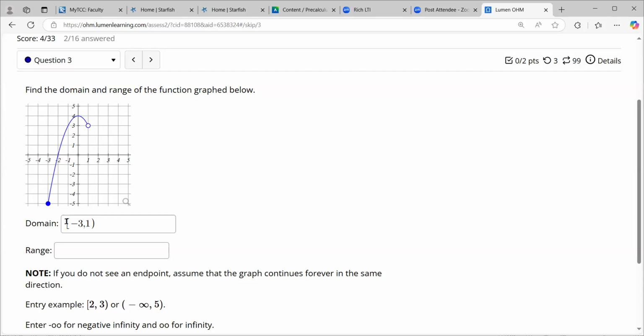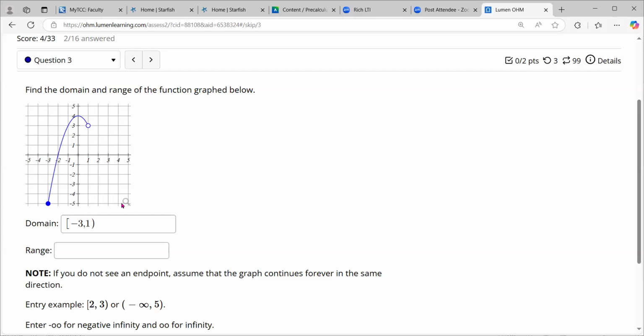All right, that's the domain. So when you find the domain, look at the graph horizontally. Find the left boundary and the right boundary. Now we're going to find the range for the curve. To find the range, we look at the graph vertically, up and down, from top to bottom, and we try to find the boundary from above and the boundary from below.